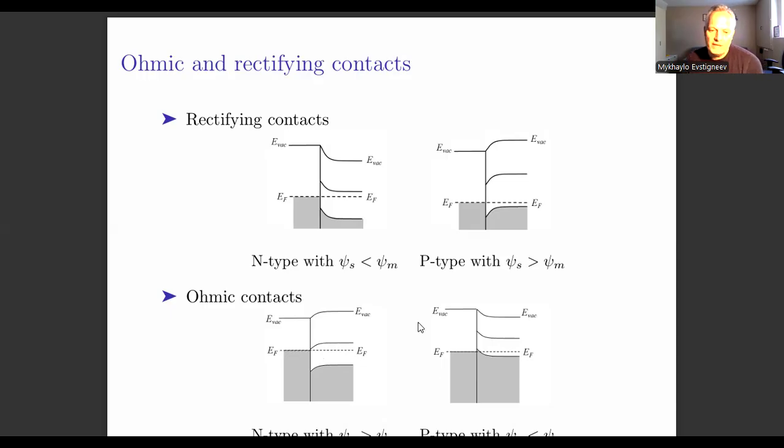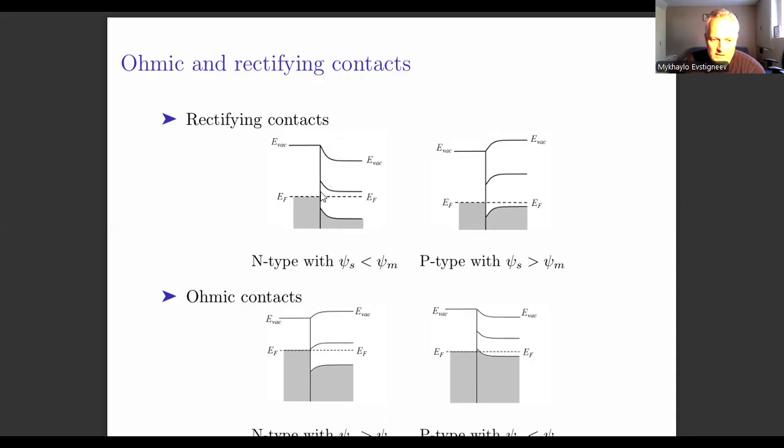If the metal work function is higher than the work function of the N-type semiconductor, the semiconductor bands are bent up. This implies that there is a depletion region in the semiconductor right near the surface, right near the interface with the metal.